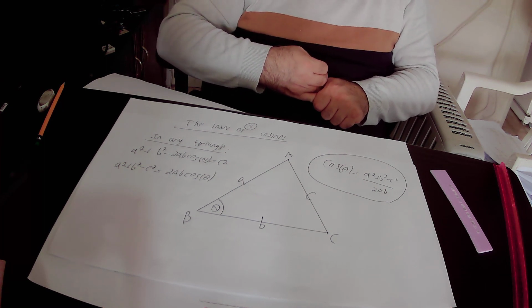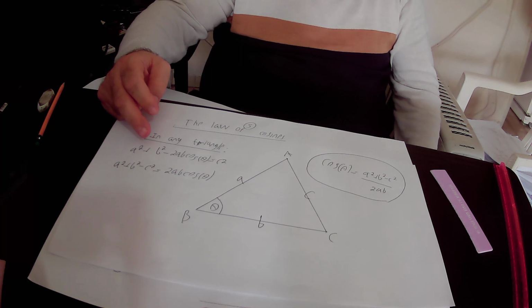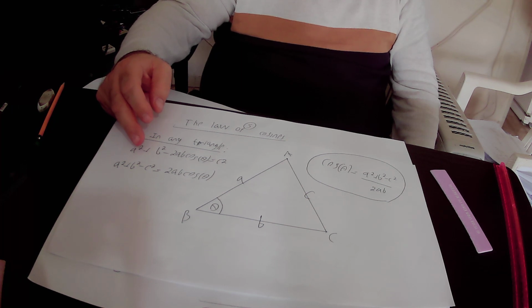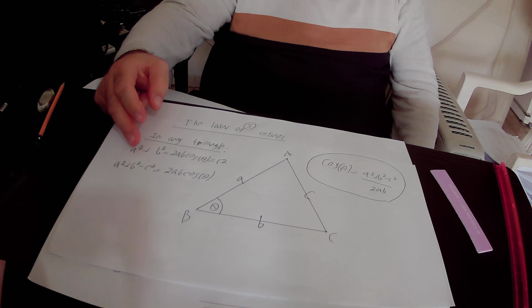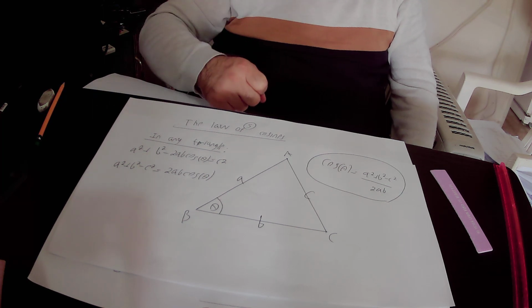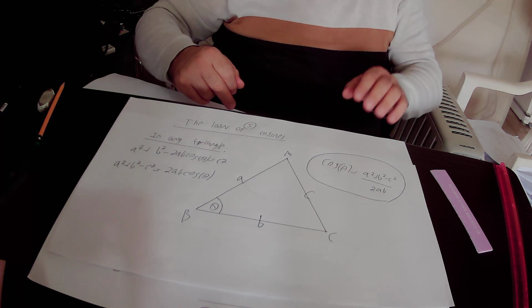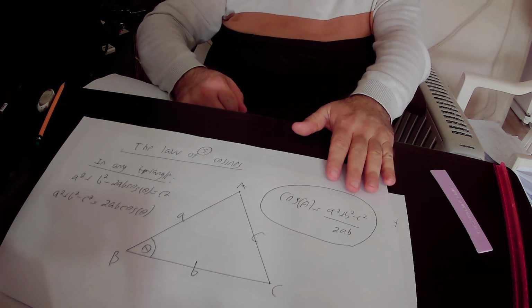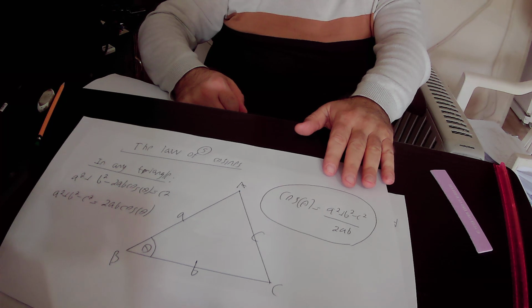We subtracted C squared and then we subtracted 2AB cosine theta and we added C squared to this equation, and we got that A squared plus B squared minus C squared equals 2AB cosine theta. Then we divided this equation by 2AB and we got that cosine theta equals A squared plus B squared minus C squared over 2 times AB.